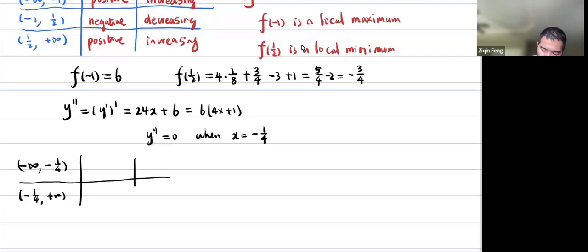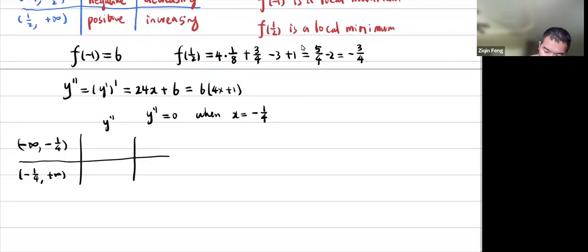So now y double prime, on the left, will be negative, then y will be concave downward. This is positive whenever x is greater than negative 1 over 4, concave upward.